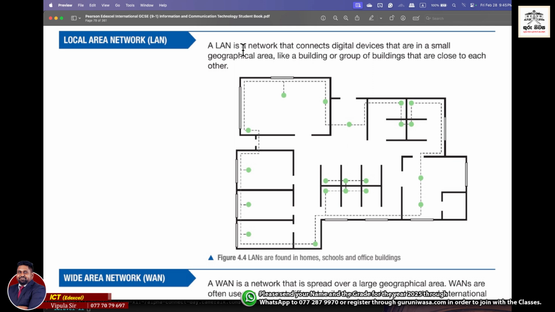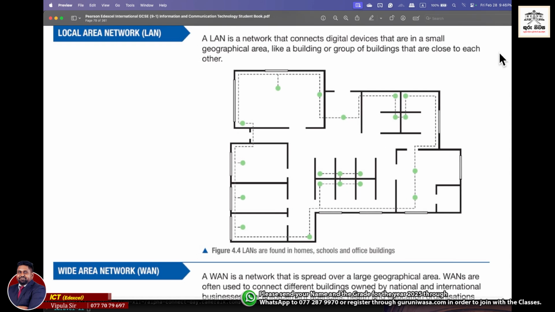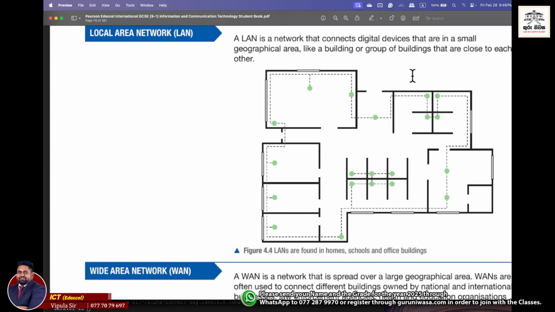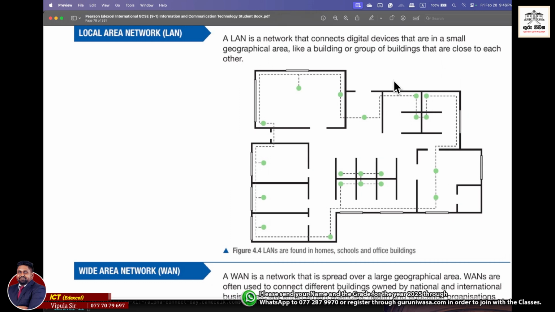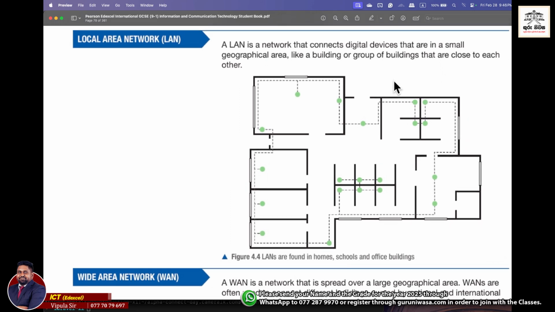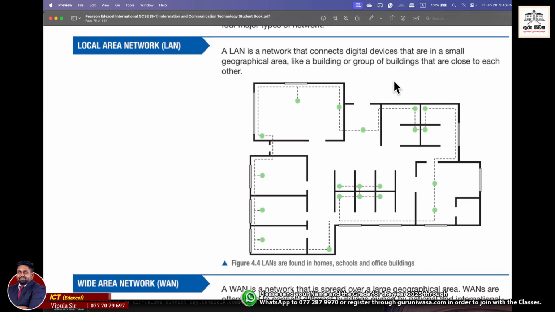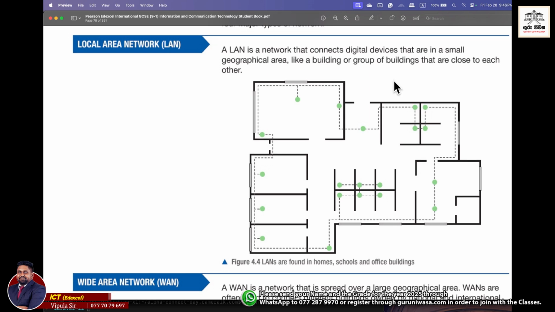A local area network, a LAN, is a network that connects digital devices that are in a small geographical area, like a building or group of buildings that are close to each other. Okay, so that's the definition of a local area network.